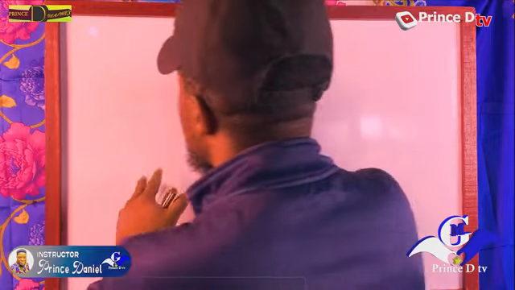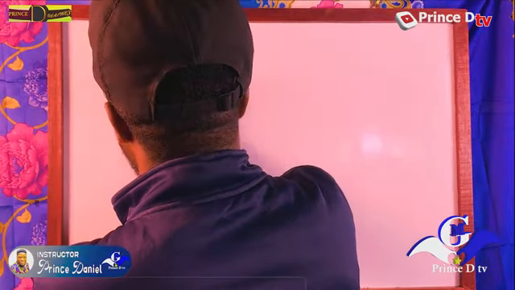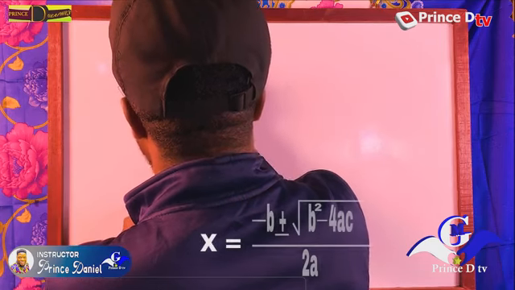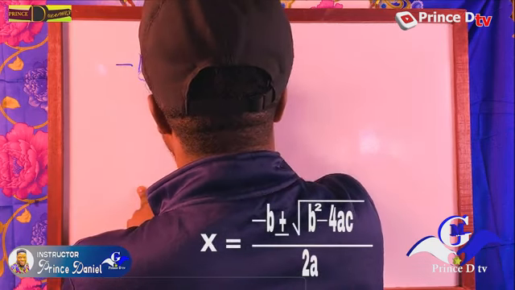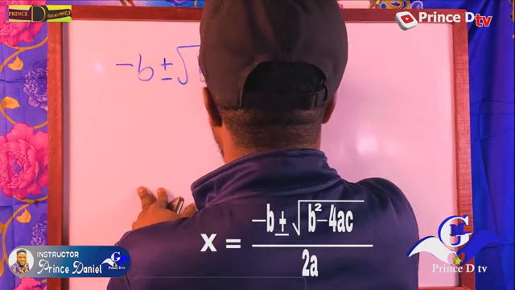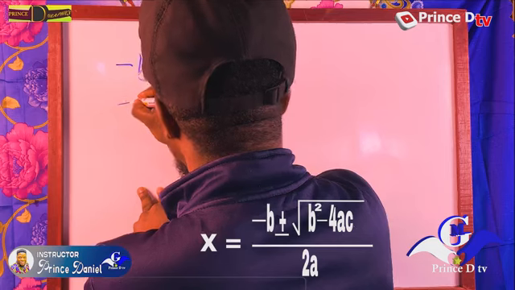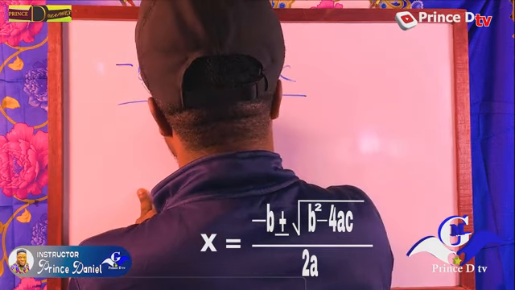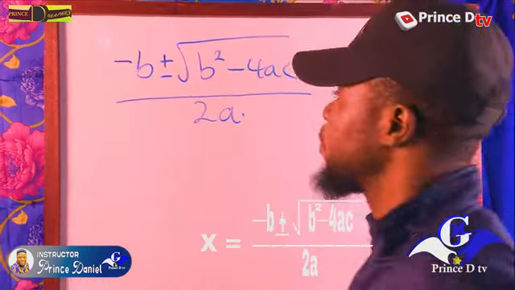So the quadratic formula is of this form: minus b plus or minus the square root of b squared minus 4ac, all over 2a.